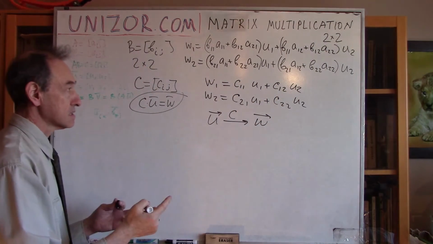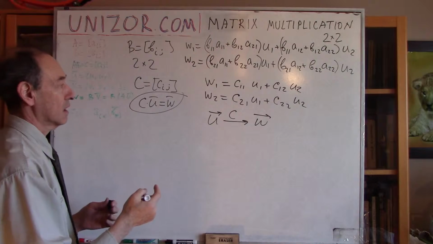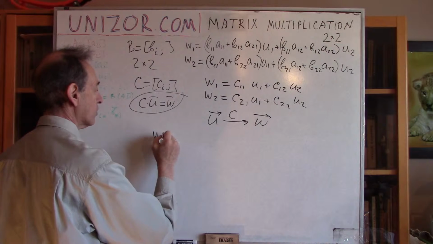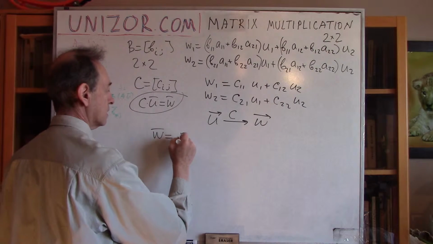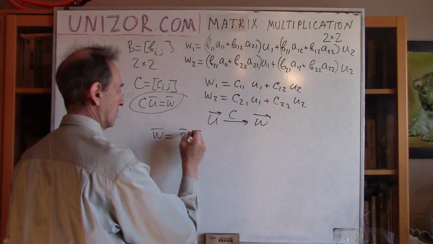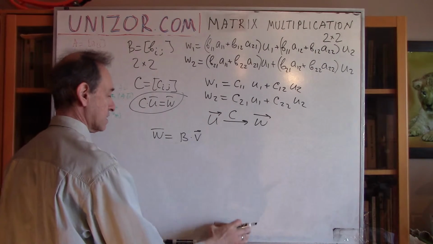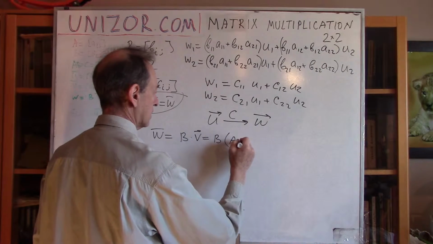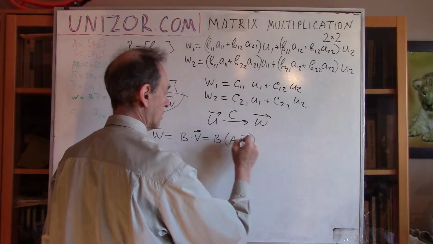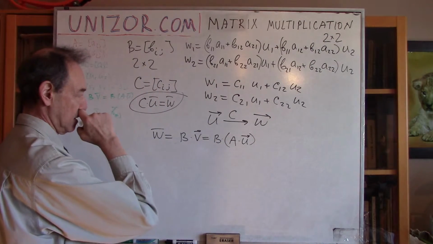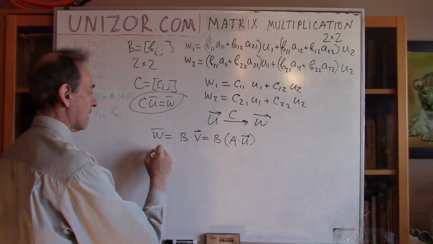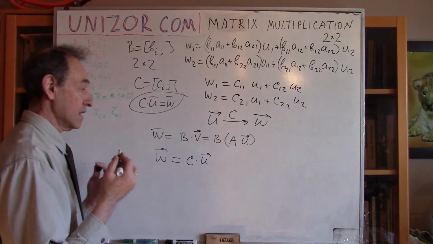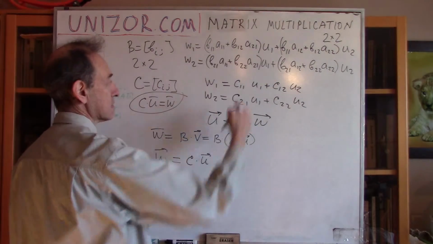So this is basically a definition of my multiplication, because since W is equal to B times V, B is matrix, V is vector, V in turn is equal to A times U, A is matrix, U is vector. On another hand, I have that W is equal to CU.